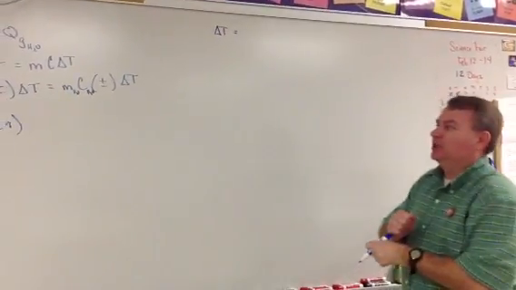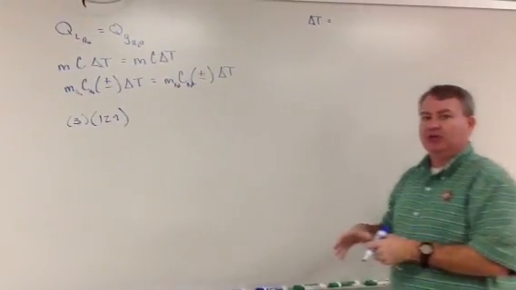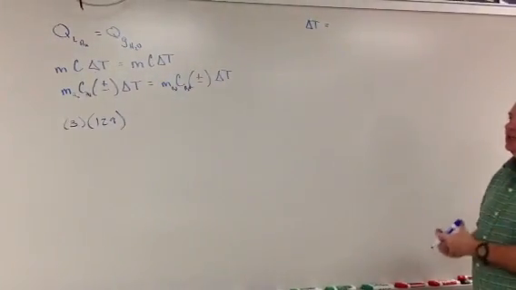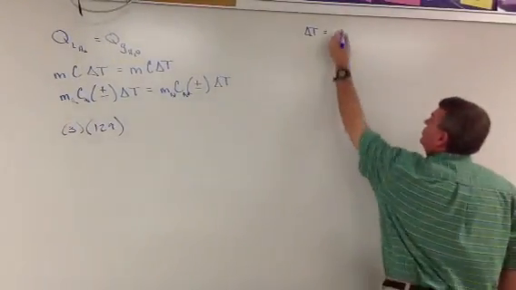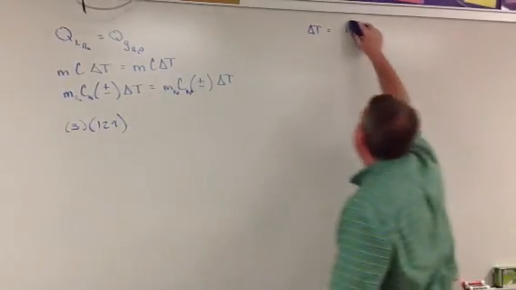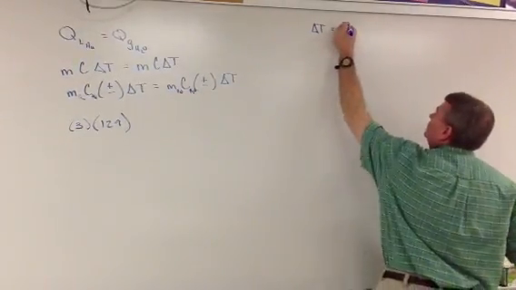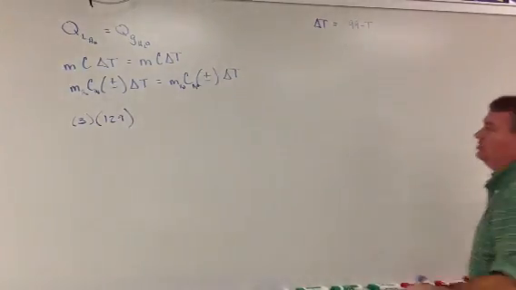Now, the change in temperature, it's going from 99 to some equilibrium temperature. So it's going to lose energy. So 99 minus that temperature is equal to the change in temperature.